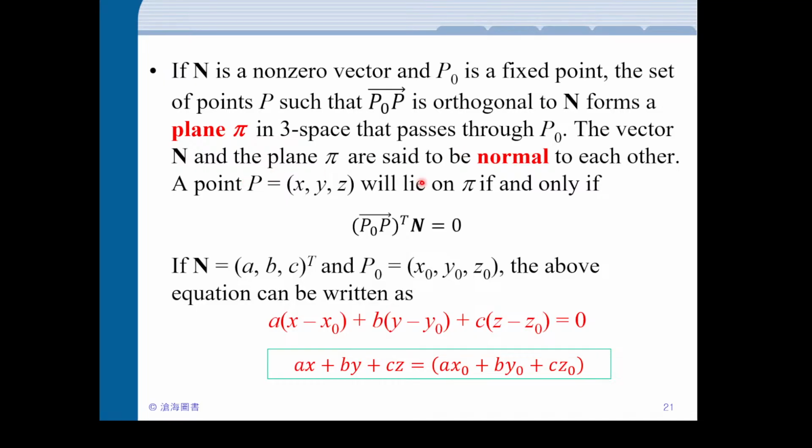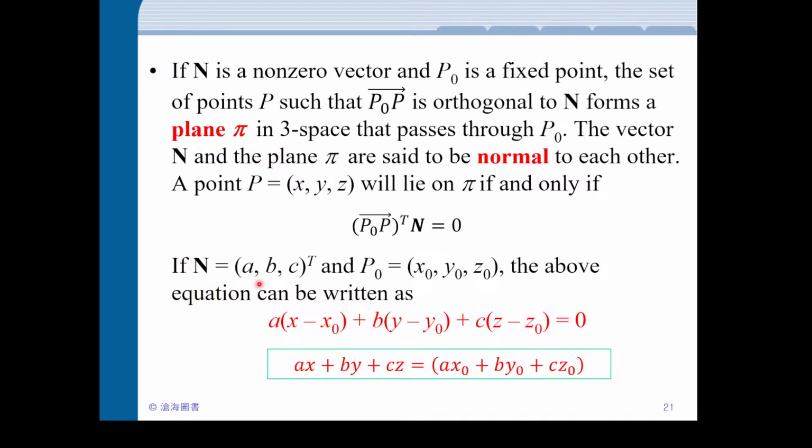So we found the plane, and now we have another name for orthogonal. We say the vector n and the plane are normal to each other, which basically means orthogonal to each other. Now we can solve the equation for this plane. We want the inner product of P0P with n to be 0.